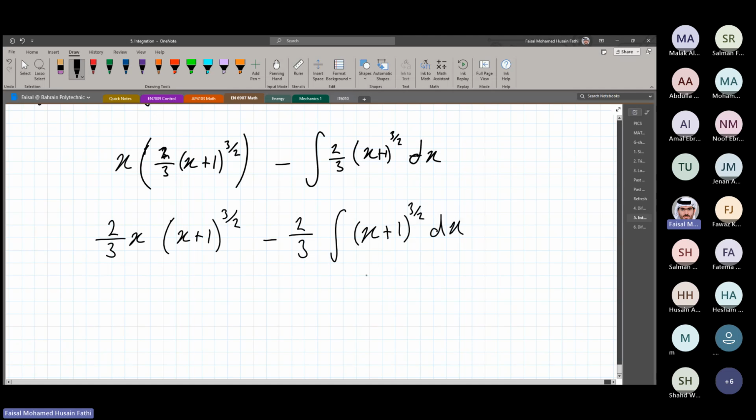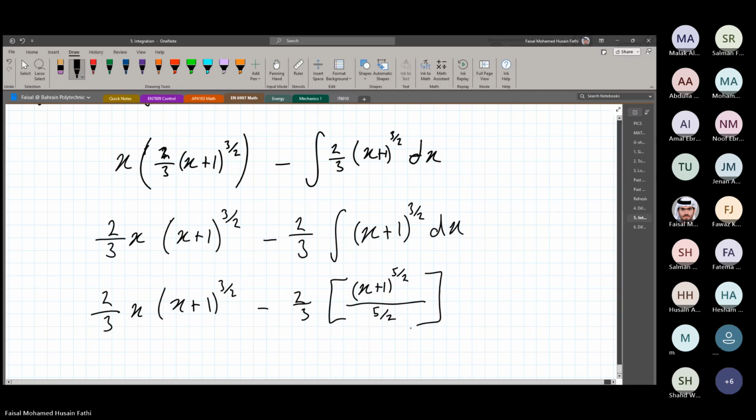You can do an algebraic substitution here to find out the value, but I'm just going to do the shortcut. 2 over 3 x times x plus 1 to the 3 over 2 minus 2 over 3 times the integration, which equals x plus 1 to the power of 5 over 2 divided by 5 over 2.